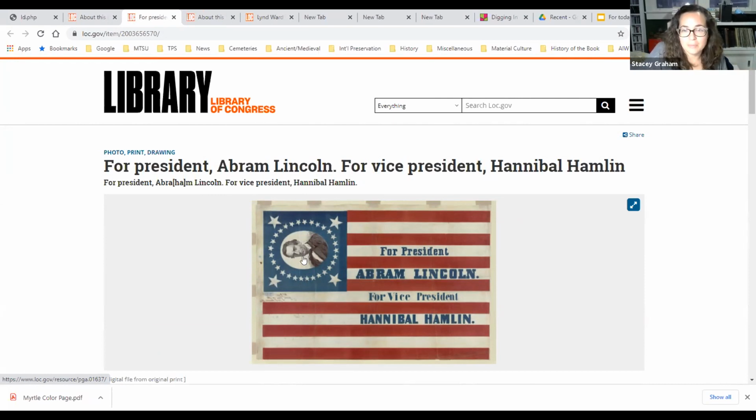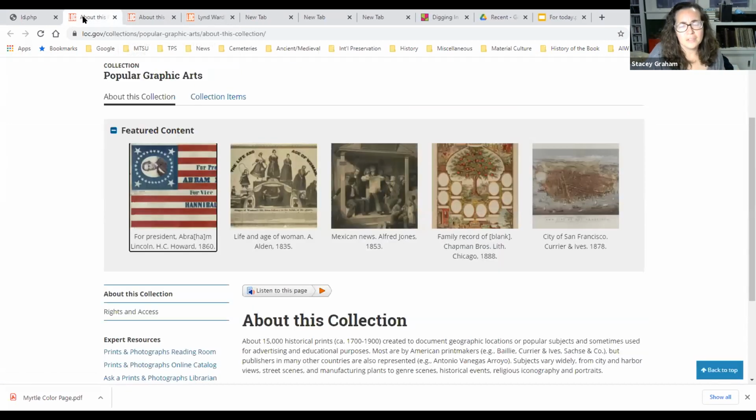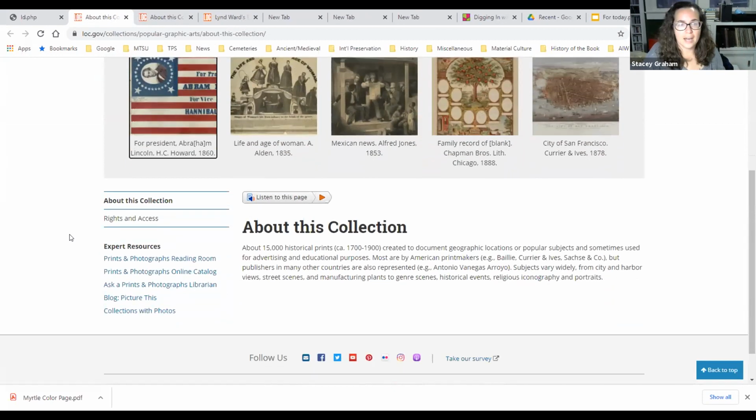And we have an early image of a beardless Abe Lincoln, where they even shortened the name of Abraham because I guess they couldn't fit an extra syllable on that line. But you can talk about the use of American flags in different posters and that kind of thing with this one. So it's just a really broad category.